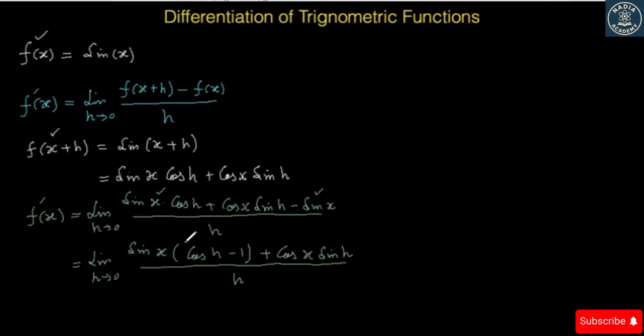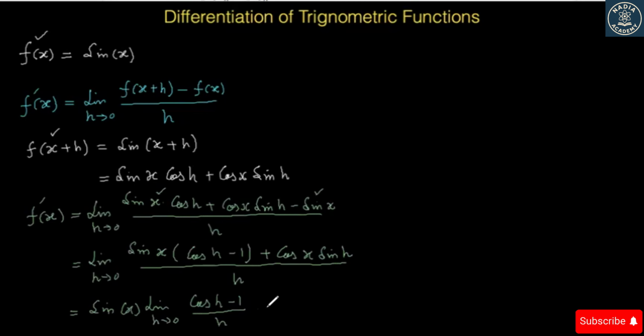Now we can write this fraction in the form of two separate terms. So the first term will be sin x times cos h minus 1 divided by h. So we write first sin x and then apply the limit h approaches to 0 to cos h minus 1 divided by h.